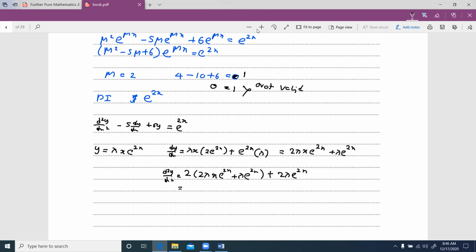So 4 lambda x e to the power 2x. Over here 2 turns up to 4 lambda e to the power 2x.